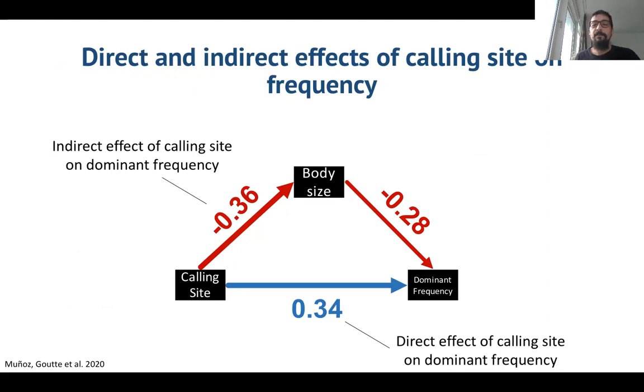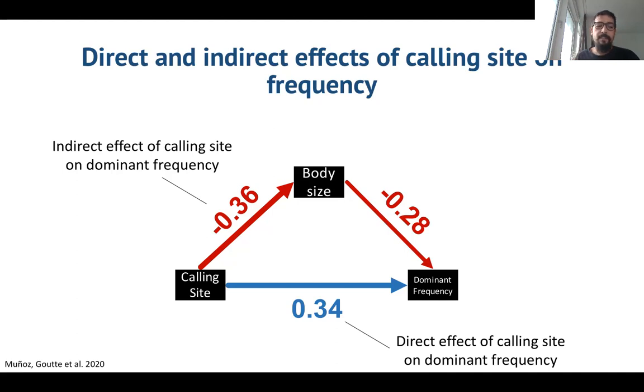And what we see is that in the end, the final average model includes all the possible arrows. There is a direct and positive effect of calling site on dominant frequency, but there is also the effect of calling site on body size, which indicates that there is some indirect effect on dominant frequency. So any effect of calling site on body size will have a concomitant effect on dominant frequency.